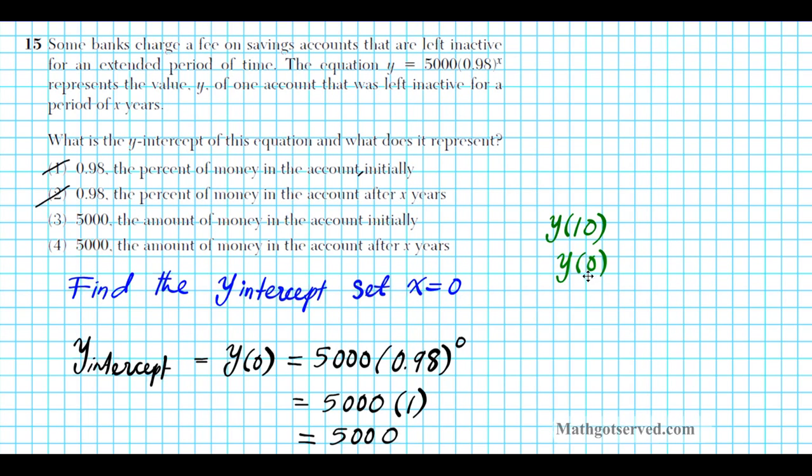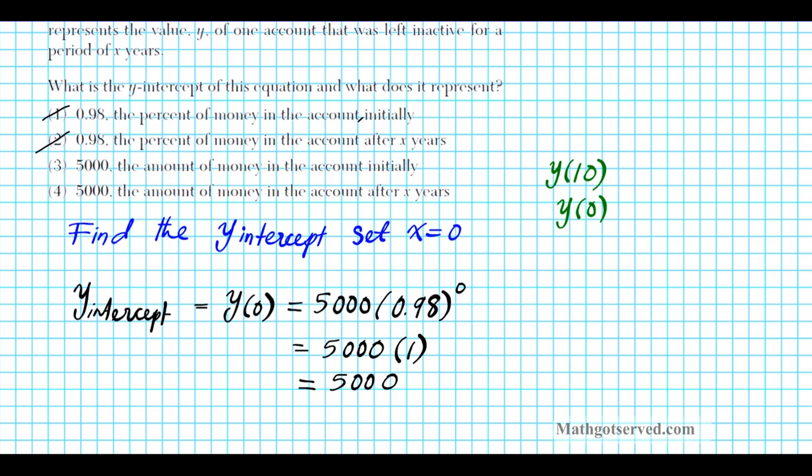Okay, so what does 0 indicate? It is the initial amount of money you had before your money started to lose value. Okay, so let's look at the two options that we have. y of 0 is 5,000, the amount of money in the account initially.